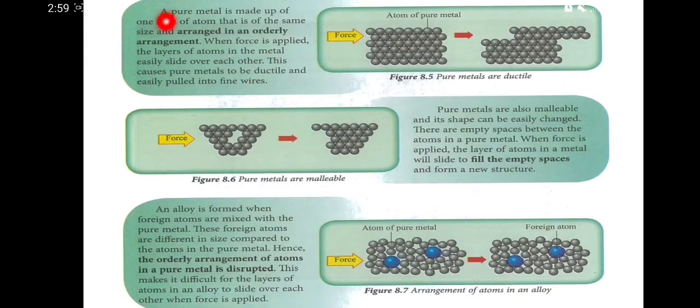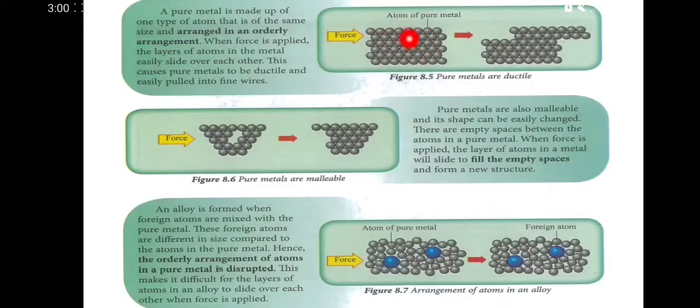A pure metal is made up of one type of atom that is of the same size and arranged in an orderly arrangement. So di sini yang kamu kena ingat, kalau pure metal dia terdiri daripada atom yang same size and the arrangement also in orderly arrangement.